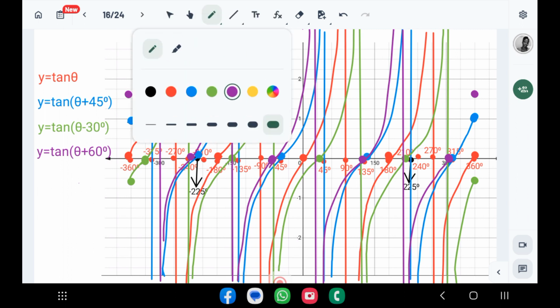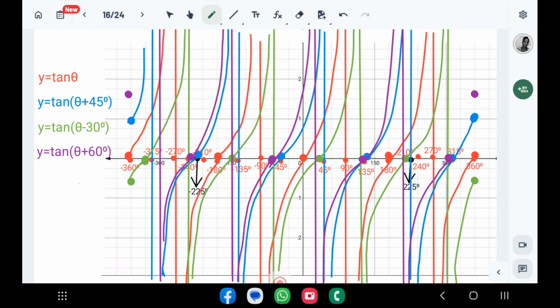Now let's connect the pieces. So this one will go up and this one will go down, up as well, like this. Okay, let's fix that.